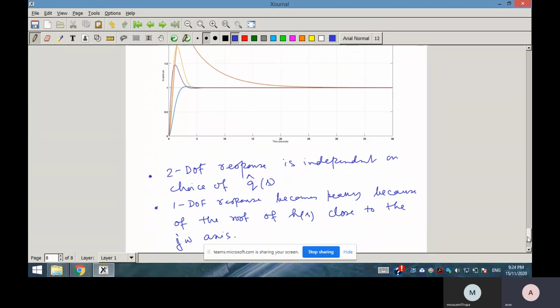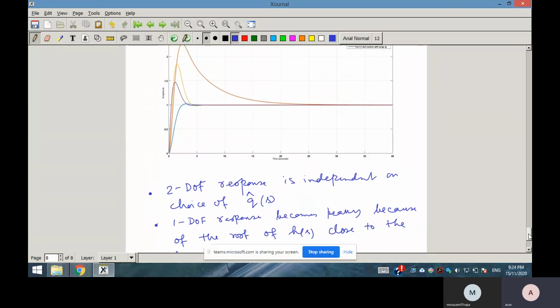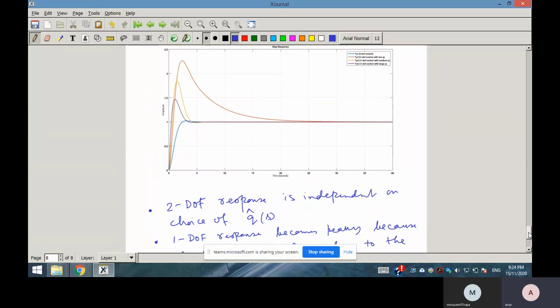So whatever value of Q S you choose, you can never achieve the response like 2 degree of freedom control. Okay, the best response that you can achieve is this one, but it still has some peak value.